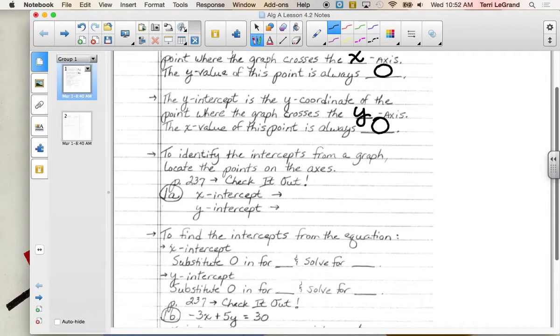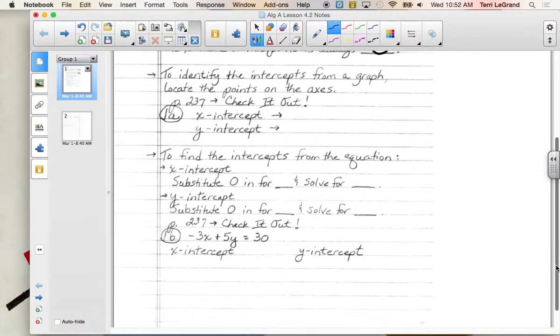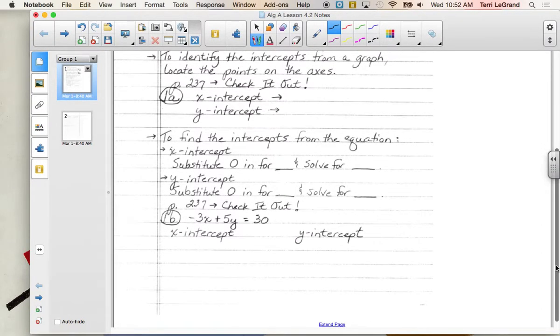Okay, we need our books open to page 237. And we're going to do the Check It Out, 1A. The Check It Out is at the bottom of the page.